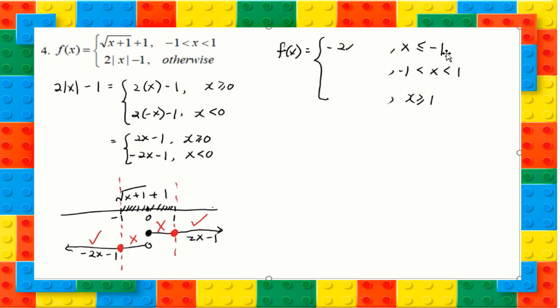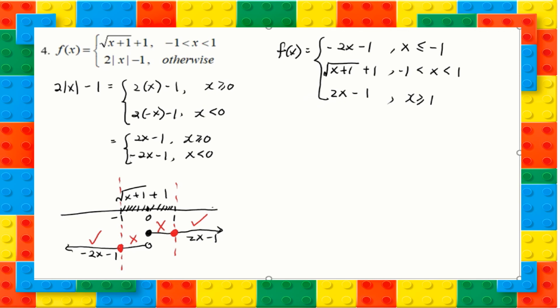For x less than -1, that is for -2x minus 1. For x in between -1 up to 1, that is for square root of x plus 1 plus 1. And for x greater than 1, that is for 2x minus 1. So this is the piecewise function after we change the modulus into non-modulus.